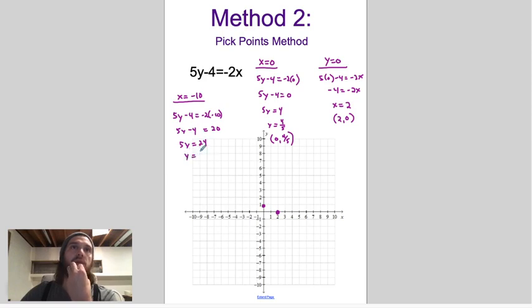So y is equal to 24 over 5. What is that as a mixed number? Well, it's 4 and 4/5. So it's right about 5. I was pretty close. So that's my third point.